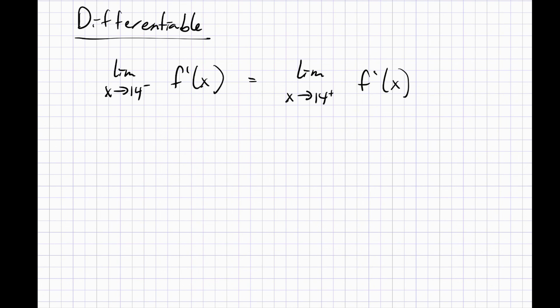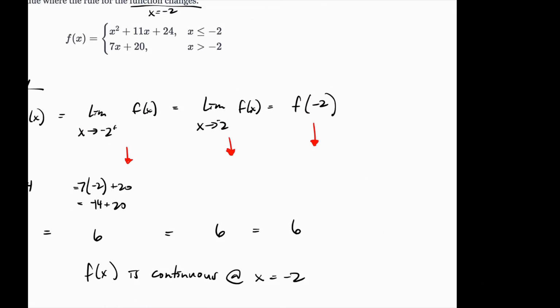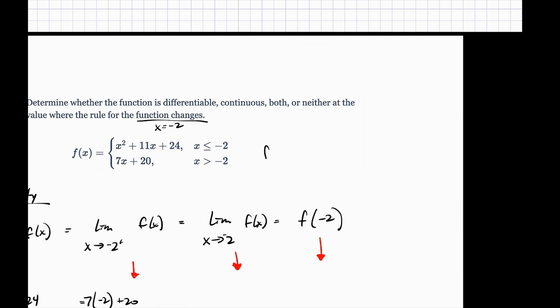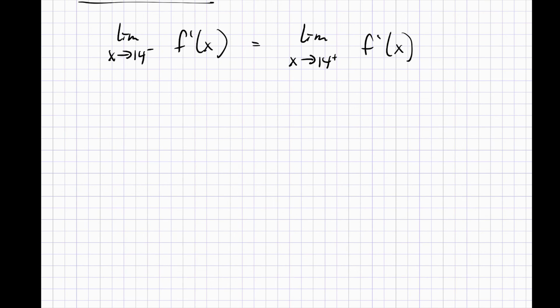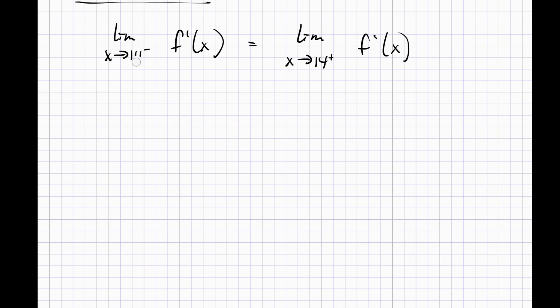So in order to do that, though, I got to check the derivative. I got to find the derivative. So 2x plus 11 and 7. Oops, why did I put 14? It's supposed to be -2. 14 was the last problem. Okay.